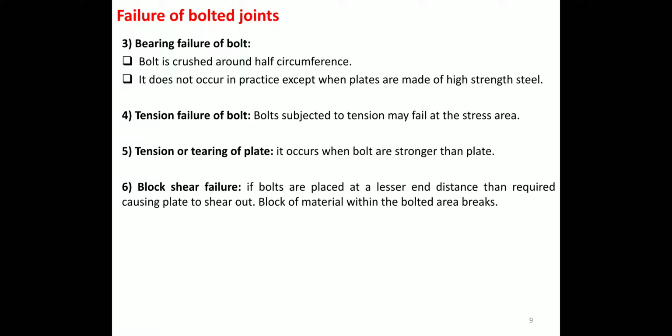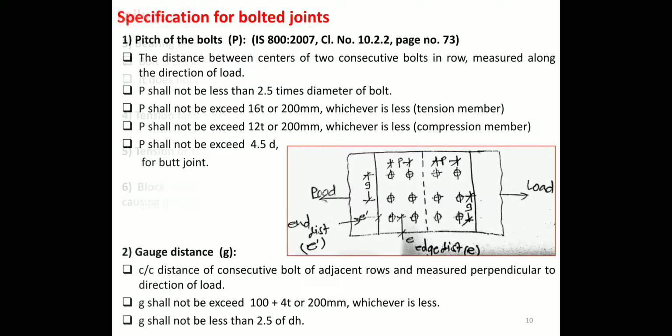Last type of failure is block shear failure. If the bolts are placed at a lesser end distance than required, it causes the plate to shear out, and a block of material within that bolted area breaks. So these are the few failures of bolted joints.